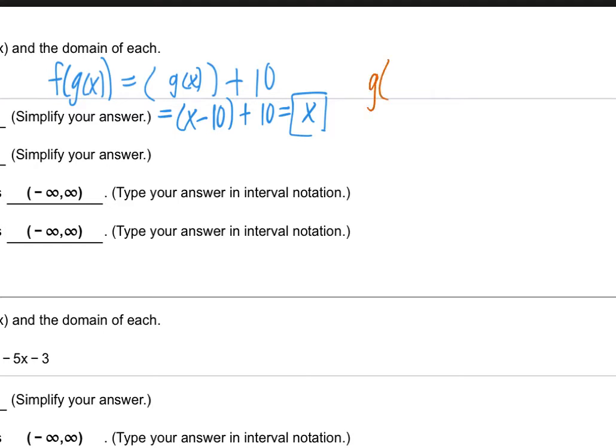So g of f of x means to put that f of x function inside of the g function.